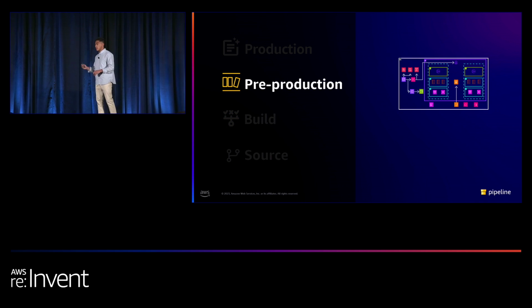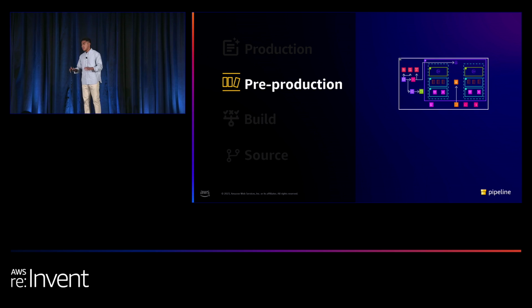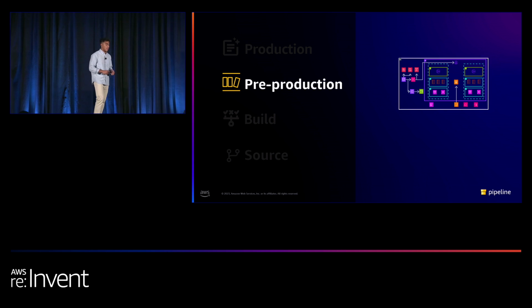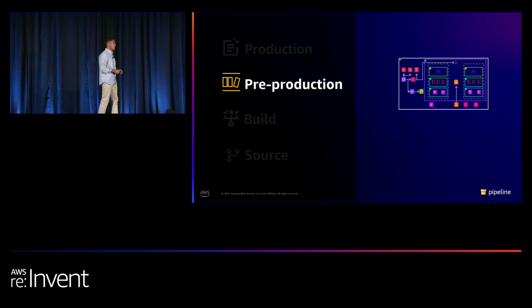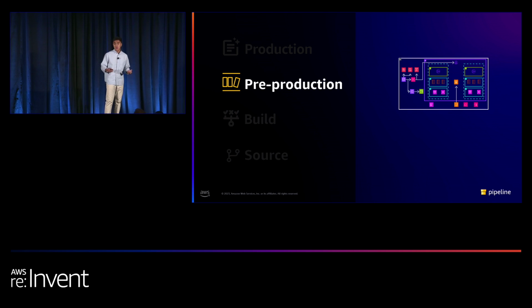Now, once our code clears the build stage, we enter the pre-production stage. This stage allows us to fine-tune our application, ensure quality standards, and really see how it performs. Really, it's a chance for us to make sure our service does not trip over its own code on opening night.